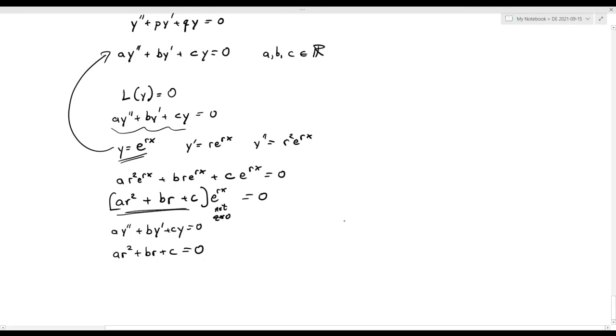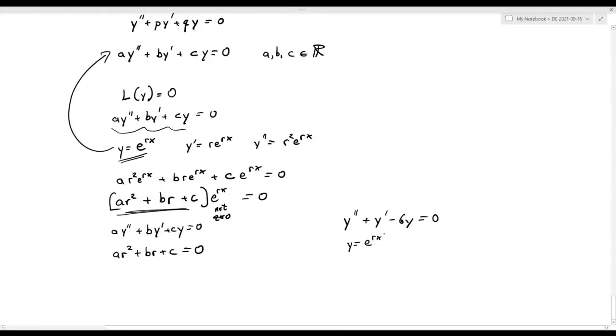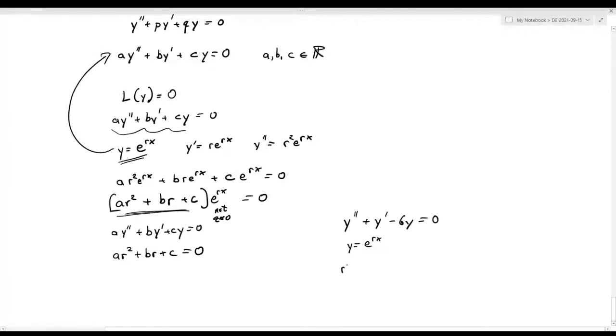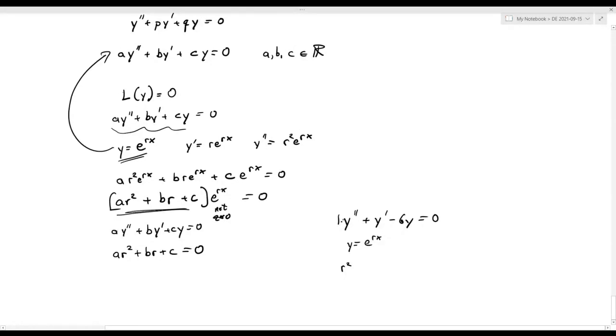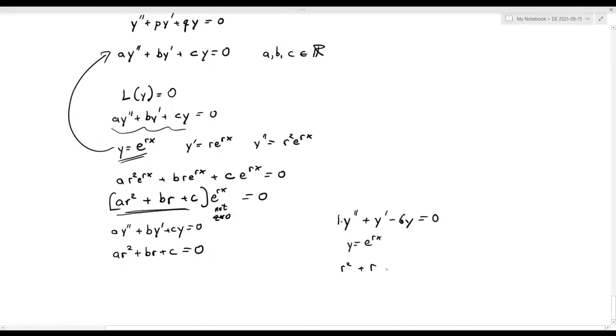So if you had y double prime plus y prime, I guess, minus 6y, then if you assume that a solution has this structure, it's in the form of an exponential function, and you differentiate it once, twice, plug it in, you would get a polynomial in R. So y double prime will become R squared, y prime will become R, and here you're going to get minus 6.